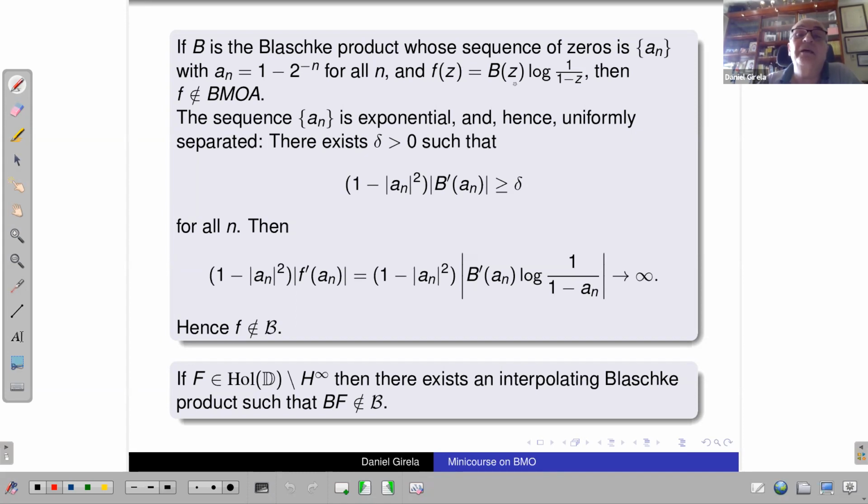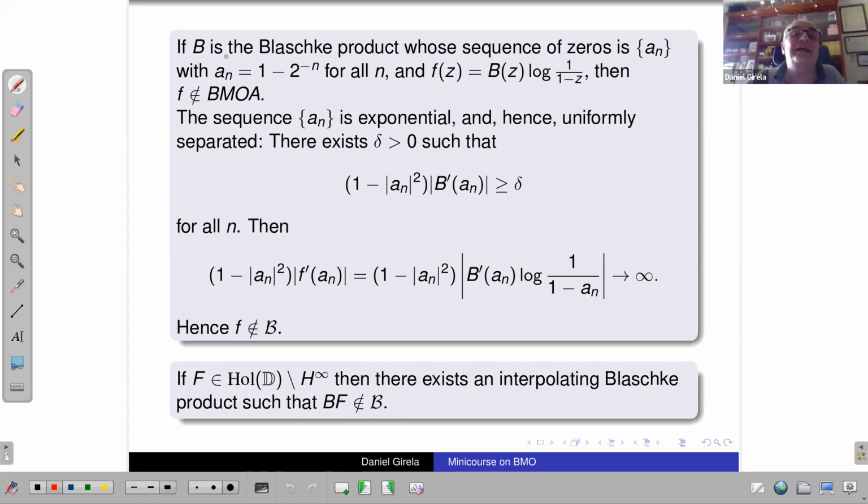We take the derivative of this product: it is B' times log, but the other term that we get when we apply the rule for the product is B(a_n) times the derivative of the log, but since B(a_n) is 0, that term disappears. So what we have is this. But since this is bigger than delta, the product of this times this is bigger than delta times log, so this tends to infinity. So in this way, we get that this is not a Bloch function.